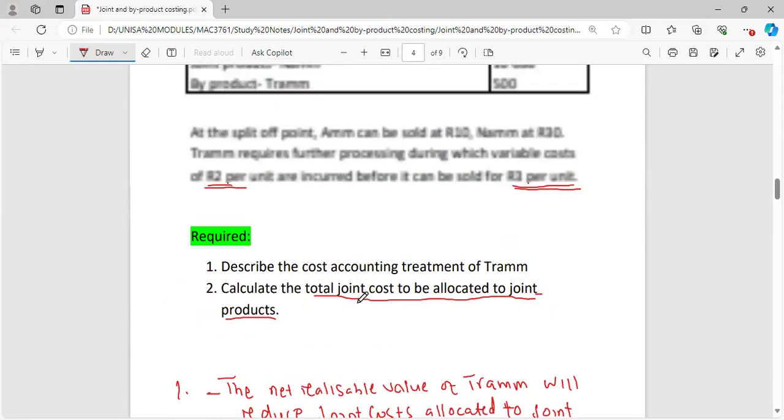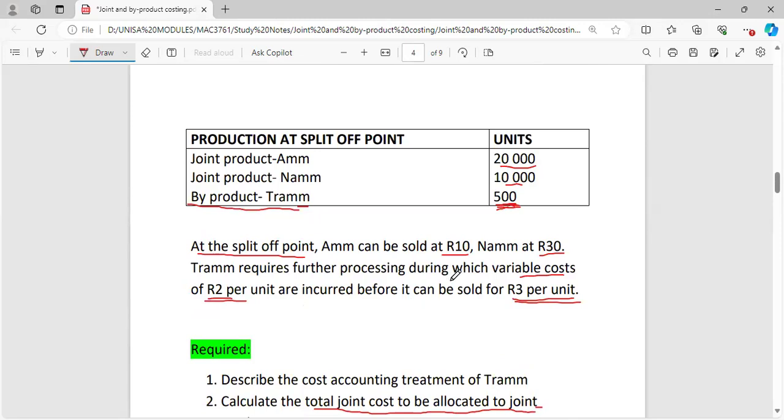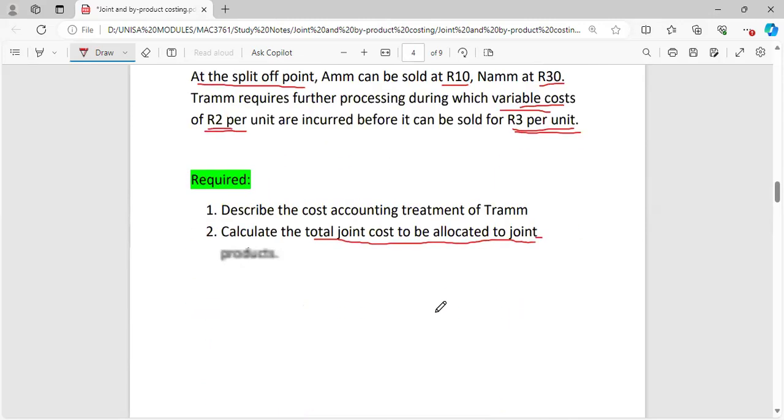Thank you. So what we are going to do is we are going to less the net realizable value of TRAM. The net realizable value is after you deduct further processing cost, which means we are going to deduct this variable cost of 2 rand. Then we have our net realizable value.